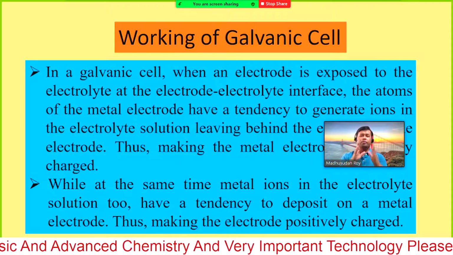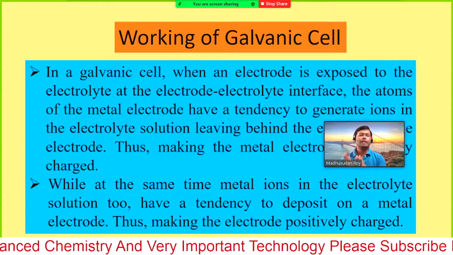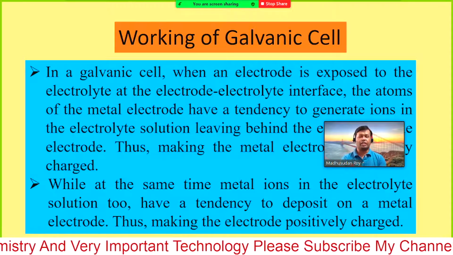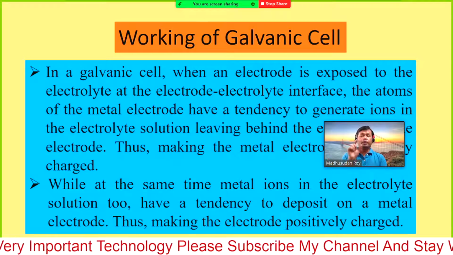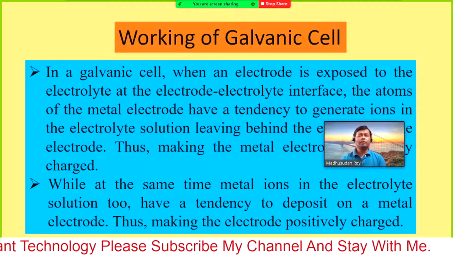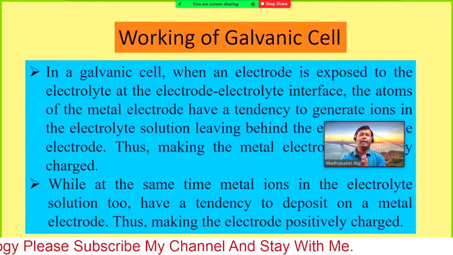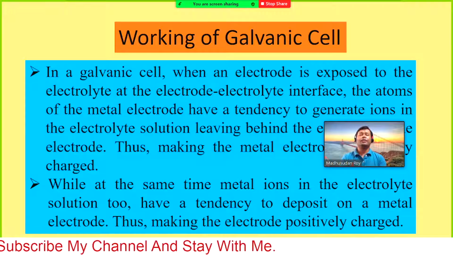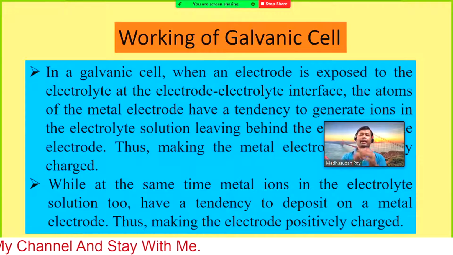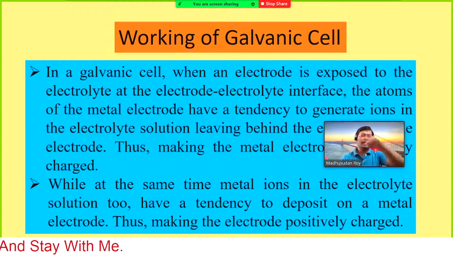If you have the same electrode, there is no possibility that electrons can be transferred. If you use two different electrodes, the donating capacity is different. Therefore, if you connect them with a wire, there is a possibility that electrons can be transferred.